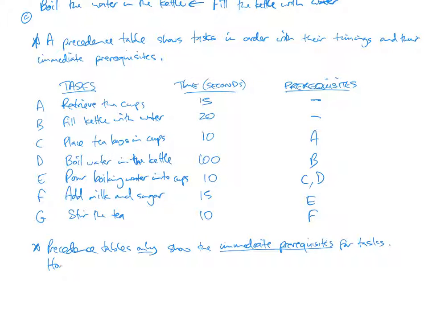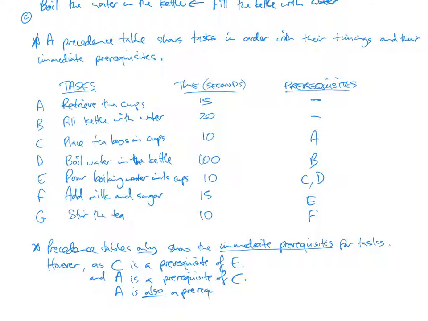However, as C is a prerequisite of E, and A is a prerequisite of C, A is also a prerequisite of E, because it's a prerequisite of the immediate prerequisite of E. It's a prerequisite but down the line, okay?